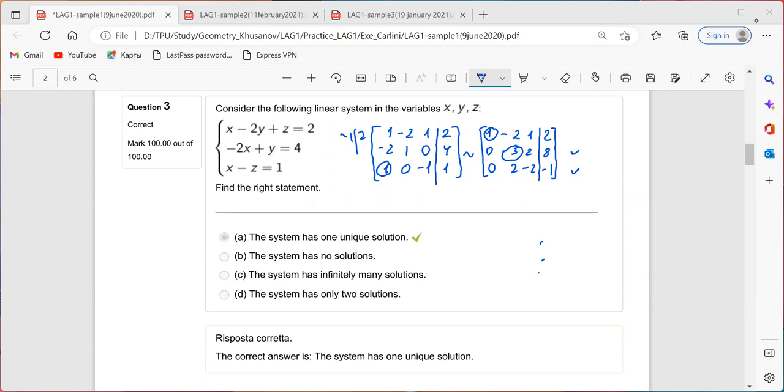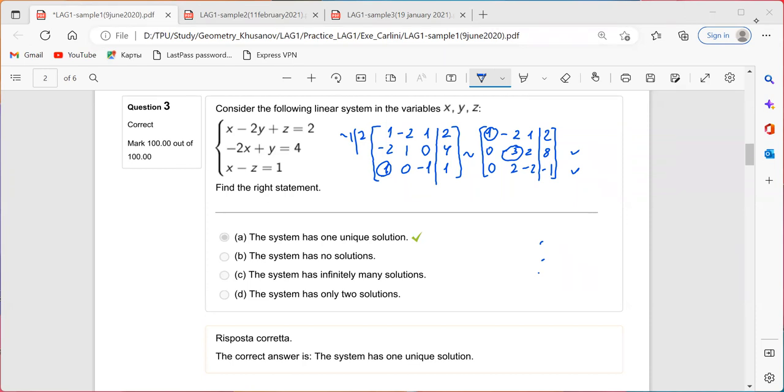So in this situation, we have to see that the 3 rows are linearly independent, because we will have the first row, second row, and third row. The second and third rows are linearly independent because they are not proportional. And we can choose the corresponding leading element in the third row as well.